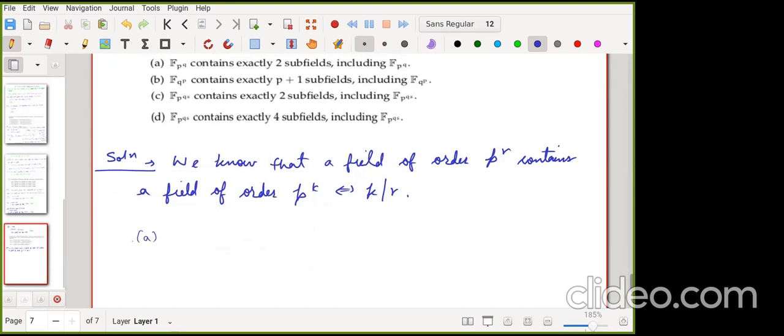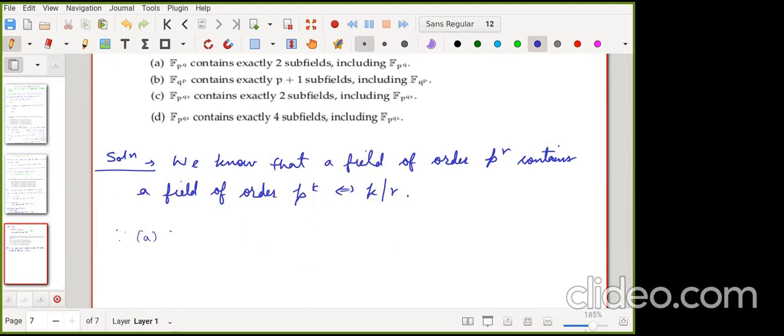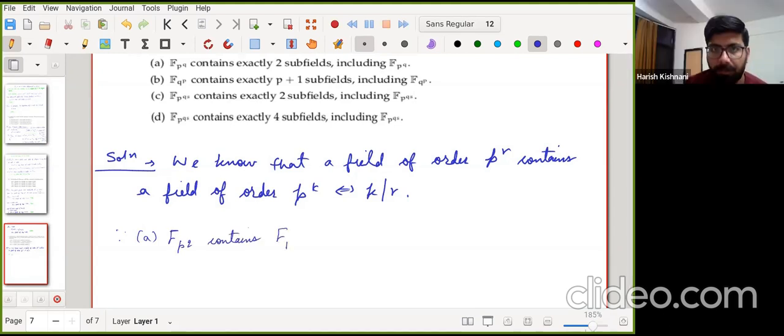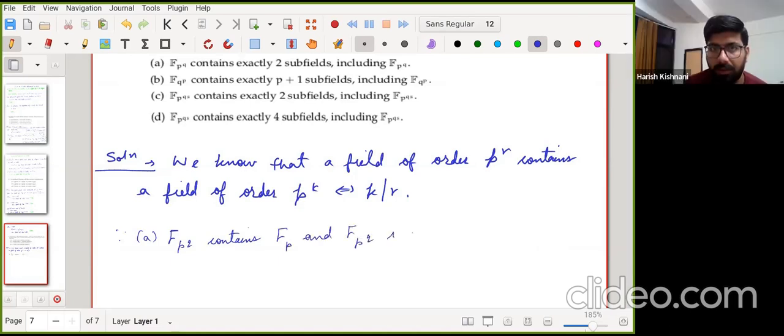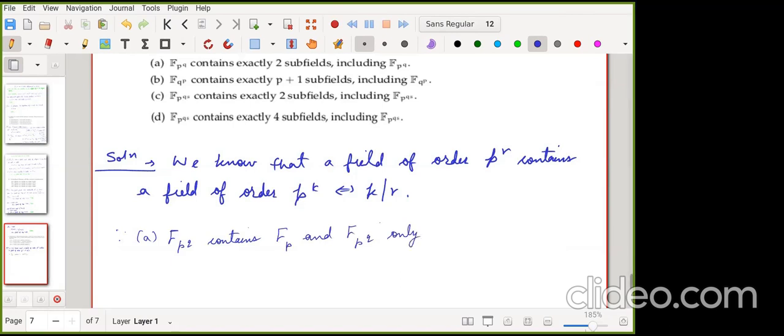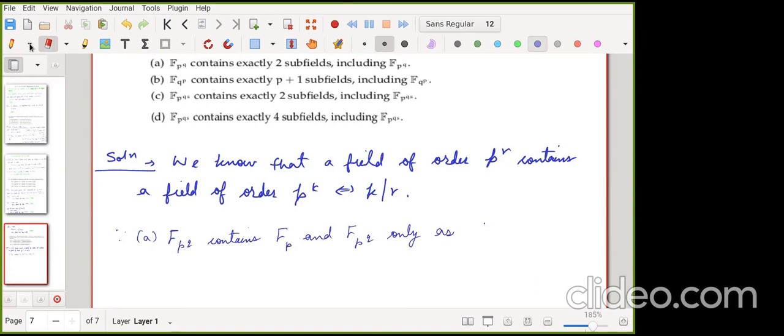Therefore, F_{p^q} contains exactly two fields, F_p and F_{p^q} only, as subfields. So this is correct, right? There are exactly two subfields, including F_{p^q}.